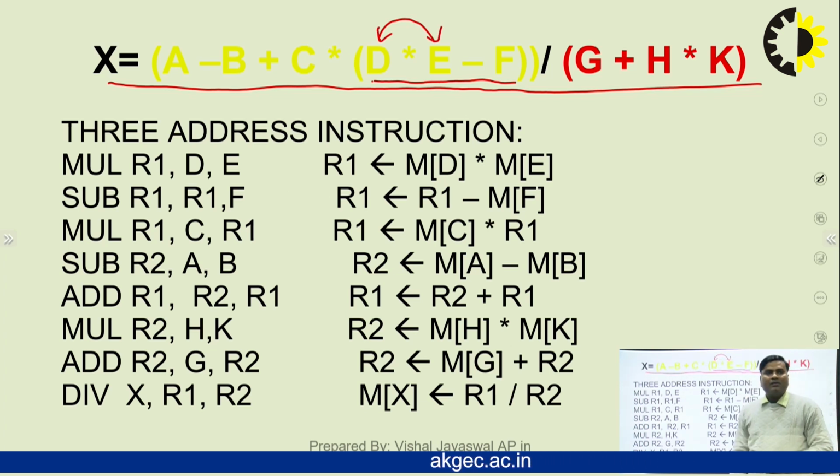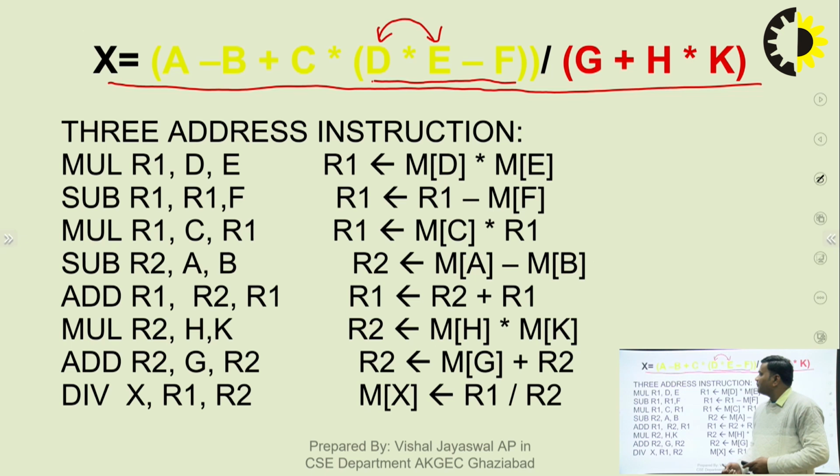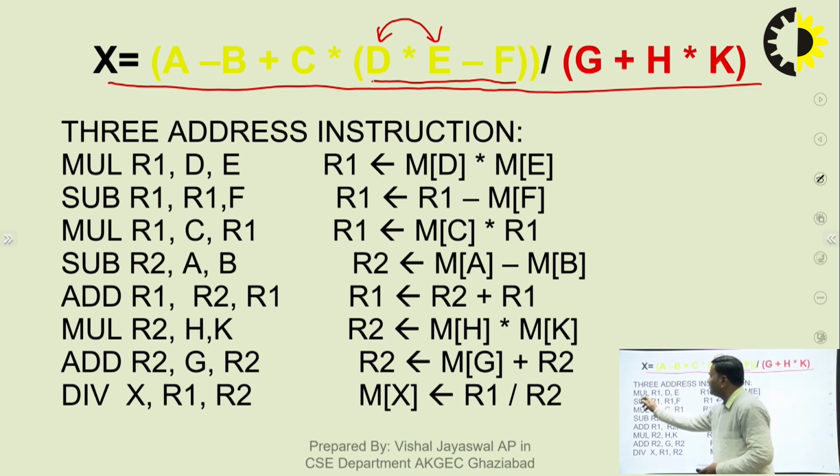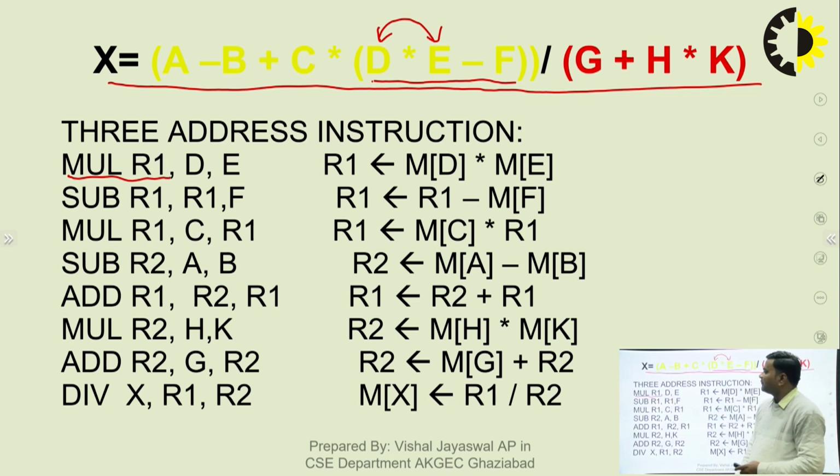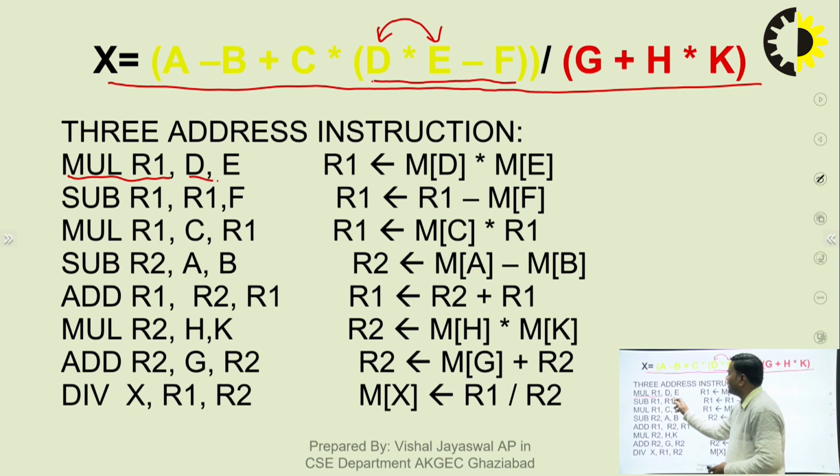As I told in our previous lecture, in 3 address instruction format, we use only 3 addresses for each instruction. An address may be a memory address, or it may be a register address. So for solving this bracket, first we solve D into E, then we subtract F. For D into E, first we write the instruction MUL, meaning multiply, with R1, a register in which we multiply D into E and store the result.